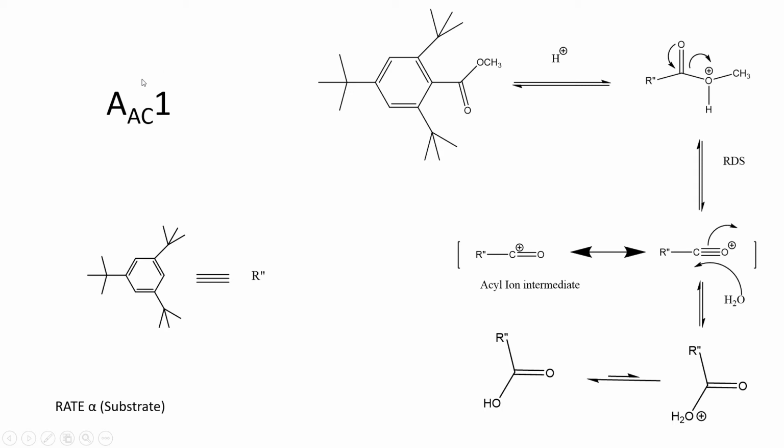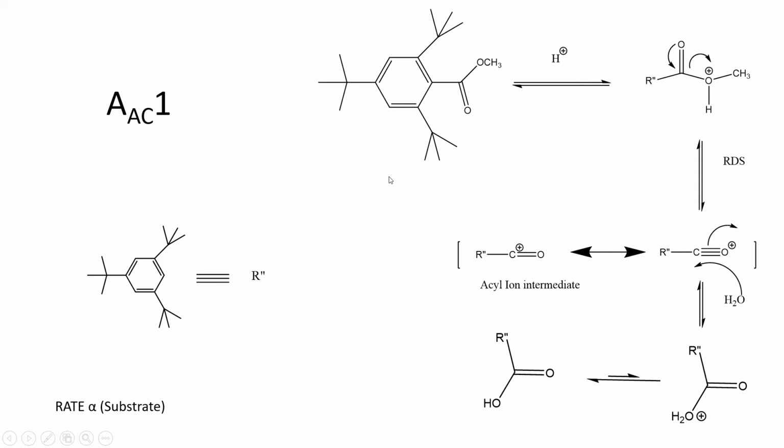And here also the acyl bond becomes cleaved, so it is the AAC1 process. That is acid catalyzed acyl bond cleavage and unimolecular reaction. Here the acylium ion intermediate is formed, and after water addition on the acylium ion, the acid will form. And remember this mechanism is only for very sterically hindered esters, not for any kind of ester.